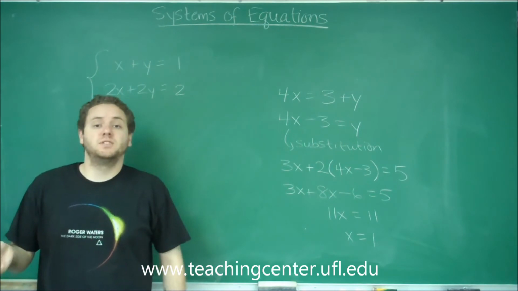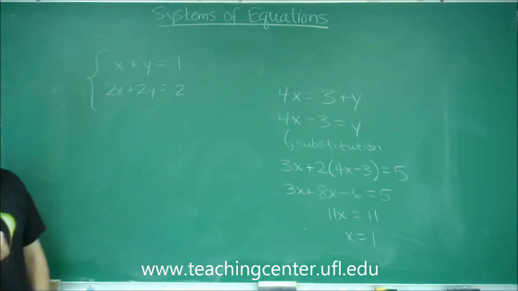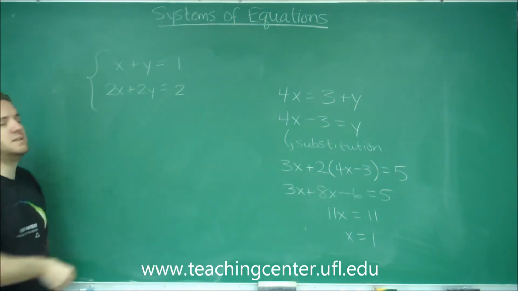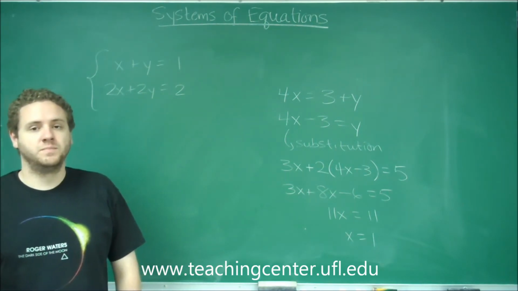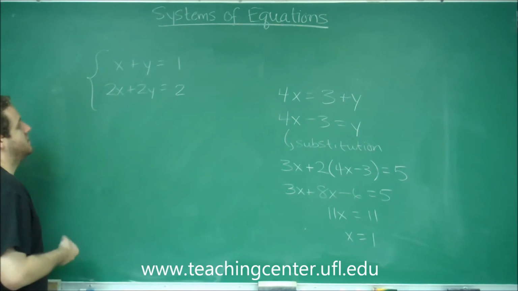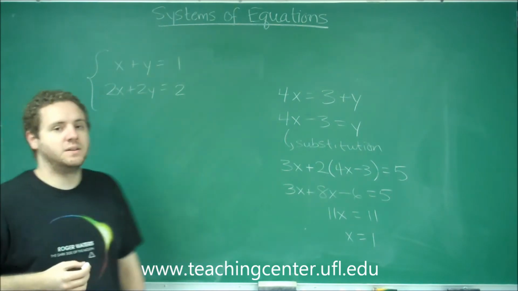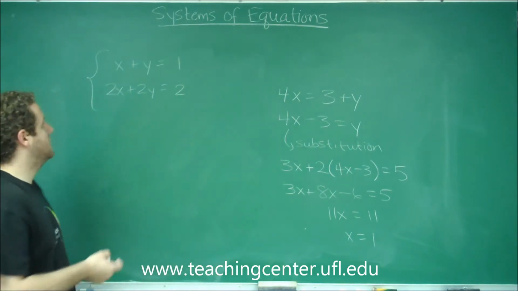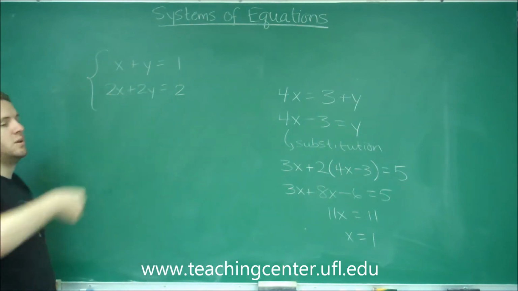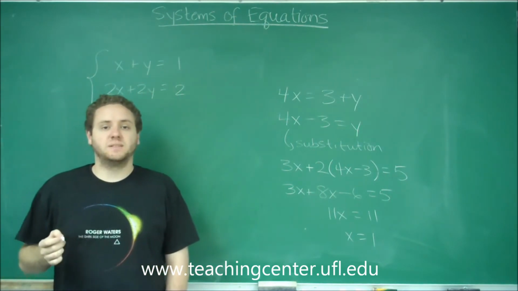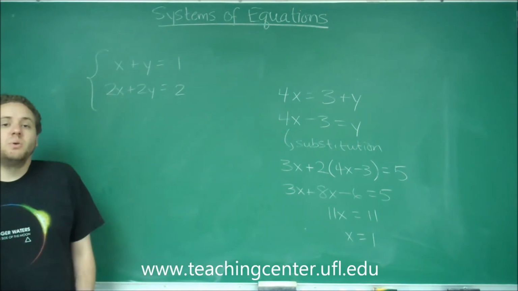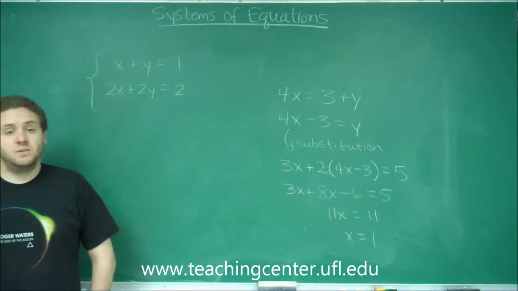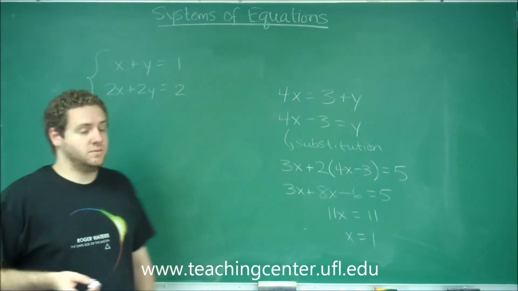We just multiply everything by 2 and you get the second one. So these two are actually the same thing, and therefore you would not be able to solve for this. We would say this has infinitely many solutions, because anything that works in one will work in the other. There's no specific set of answers. Whenever you see that one is just a multiple of another, you have the same line, and it works out for infinitely many solutions.